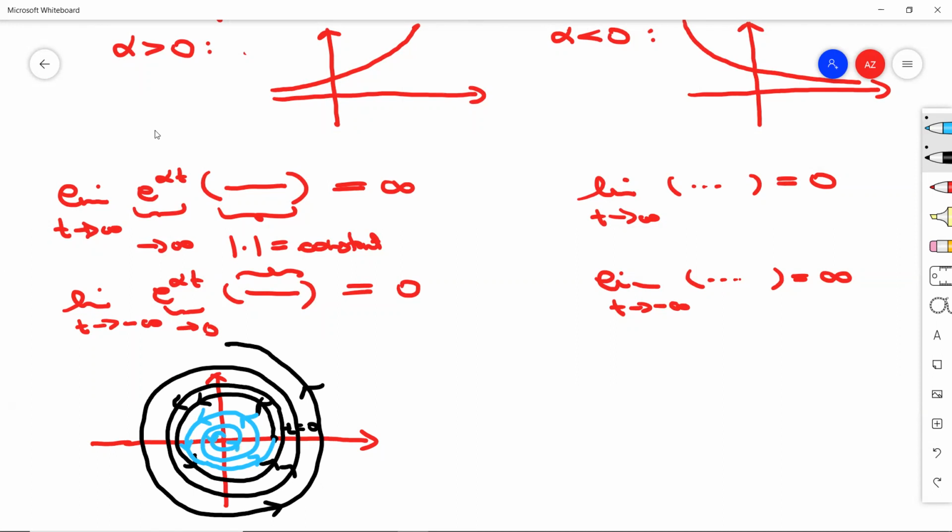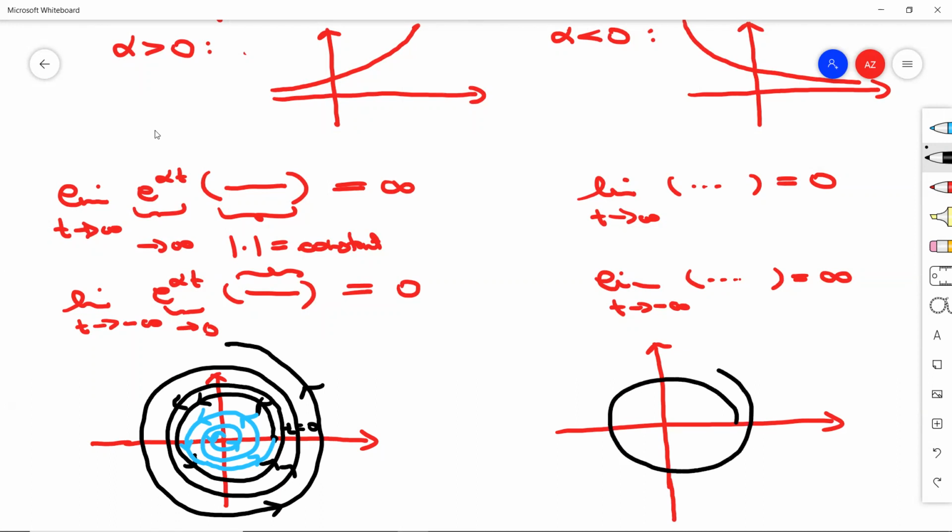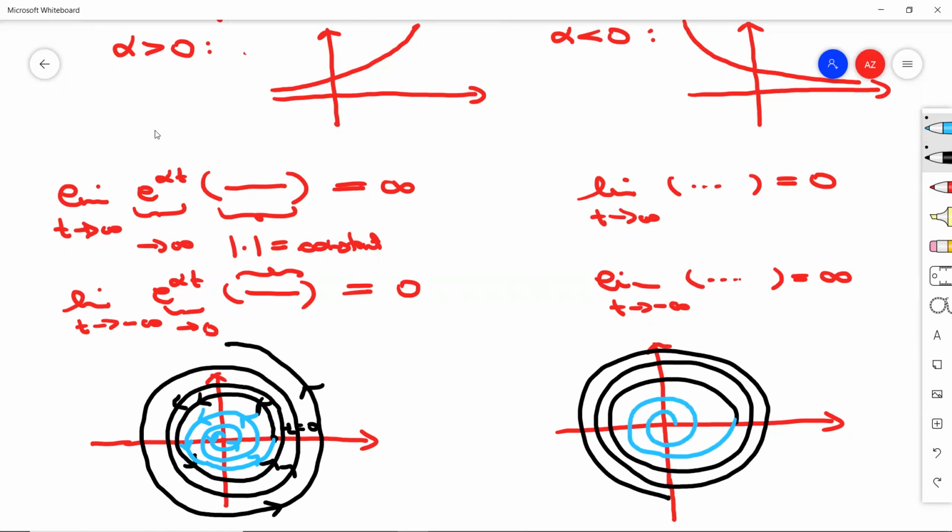And the second phase portrait is the same, only that we have to change the direction of the arrows, because infinity and minus infinity have now opposite meanings. So now we are going in this direction towards the origin.